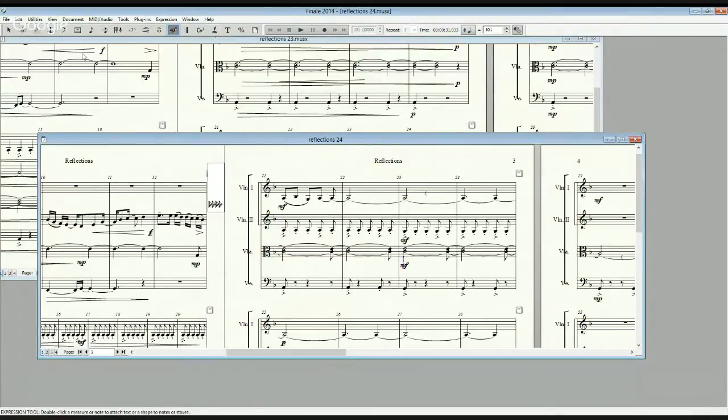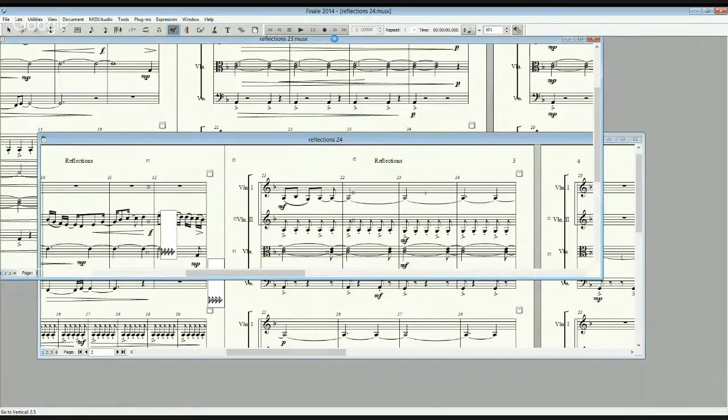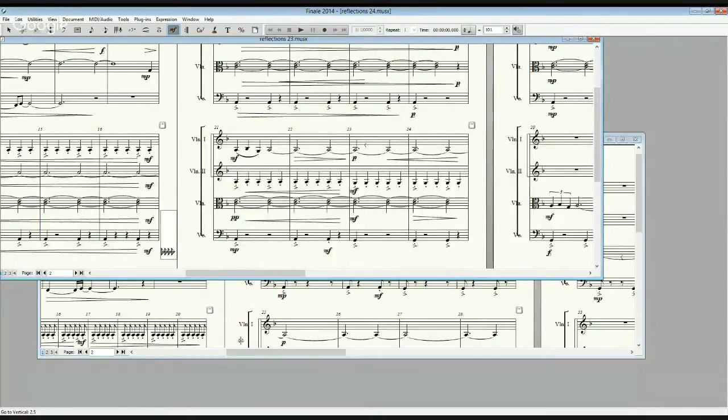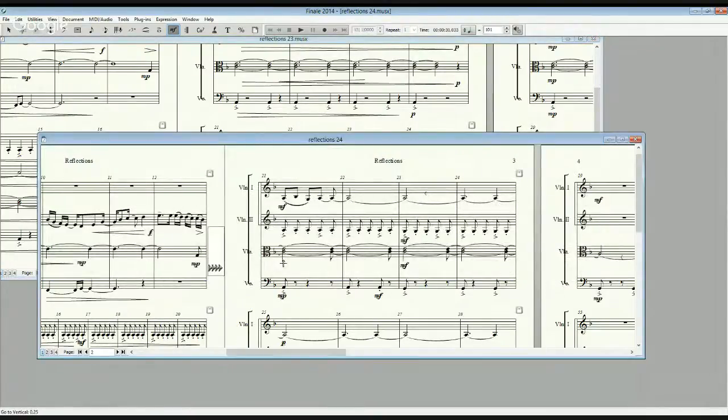And let's see, that's a piano. Pianissimo.